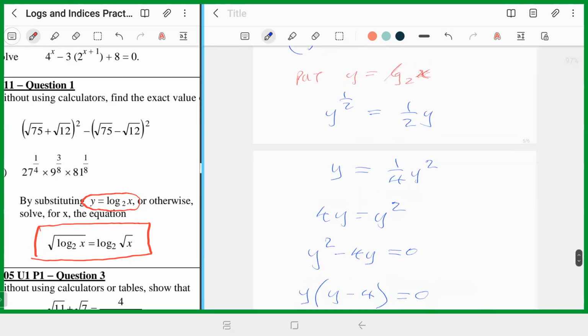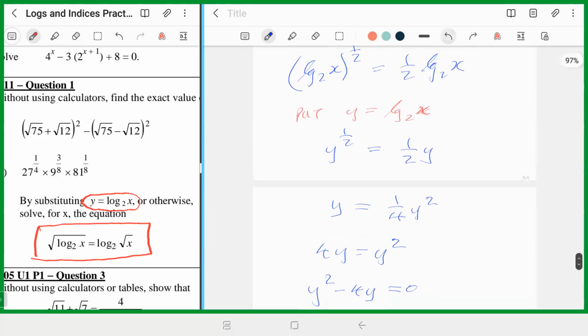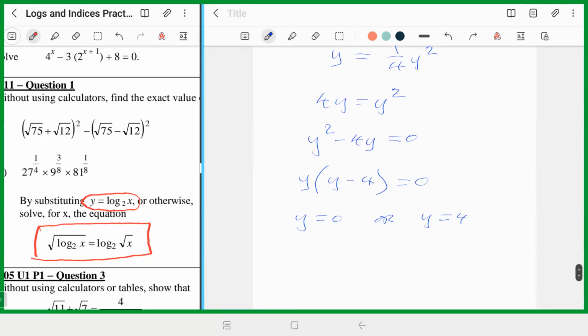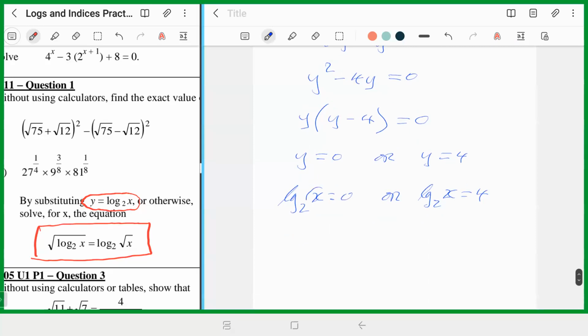But y is log to base 2 of x. So log to base 2 of x equals 0 or log to base 2 of x equals 4. Easy. This x is equal to 2 raised to the power 0. Number equals base raised to power.